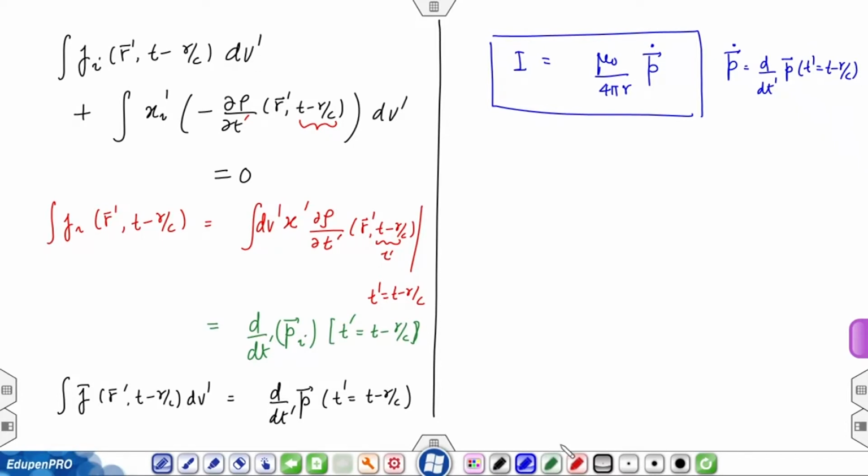Next, we calculate the second term. This is a little more involved.